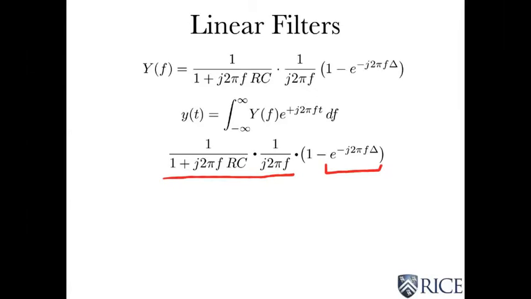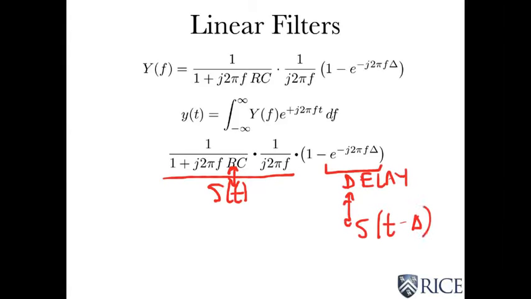So, if we call this s of t, that's its inverse Fourier transform, this means time delay. And so this term in the time domain is going to be s of t minus delta. So all we have to figure out is what's the inverse transform of this term.